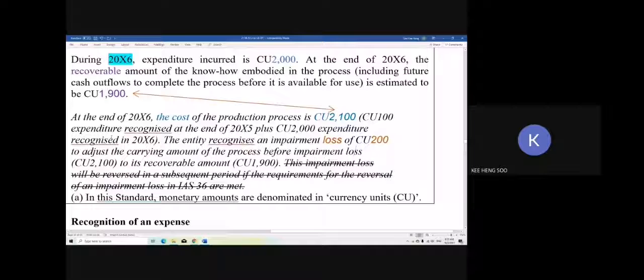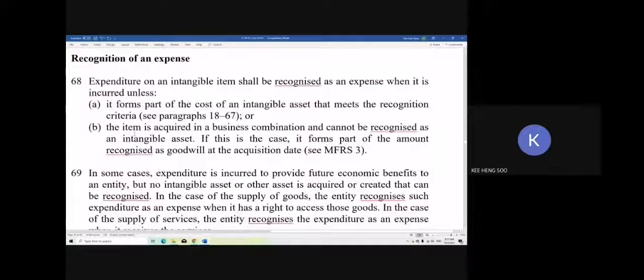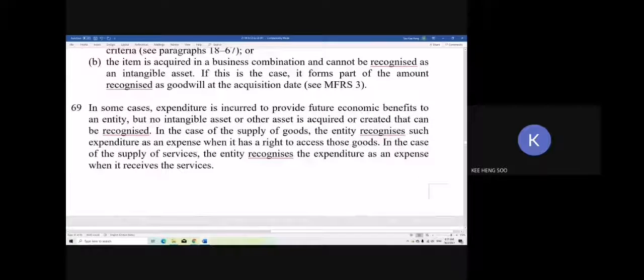Clear? Recognition of expenses. Intangible assets shall be recognized as expenses when incurred unless in the form of other assets. This one you can leave it. So this one we are talking about amortization, when you receive the services, including the amortization.